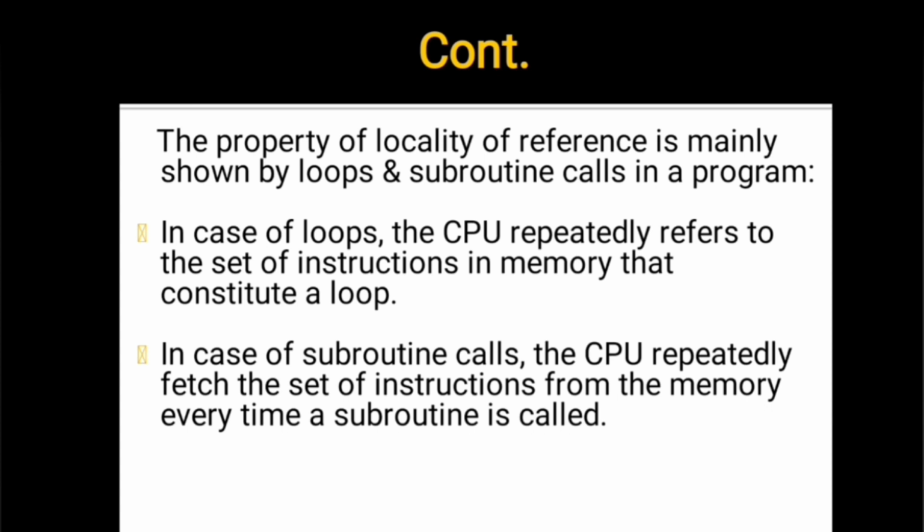Also, in case of subroutine calls, the CPU repeatedly fetches the set of instructions from the memory every time a function or subroutine is called. So these are the two cases wherein a CPU continuously makes repeated references to the memory.